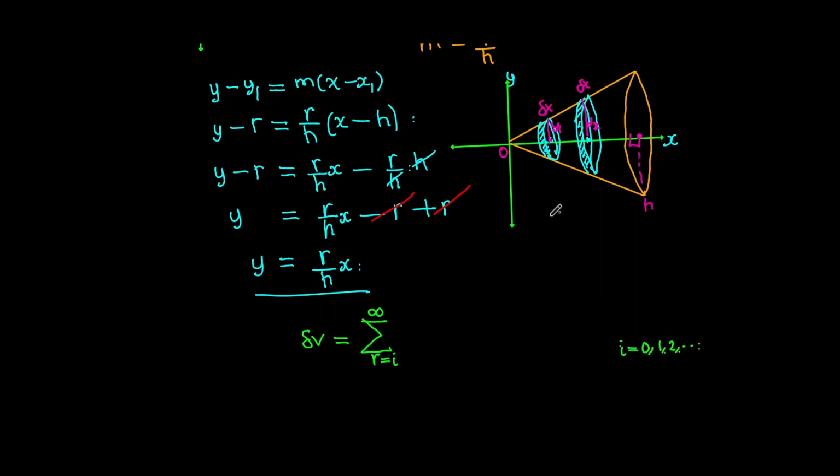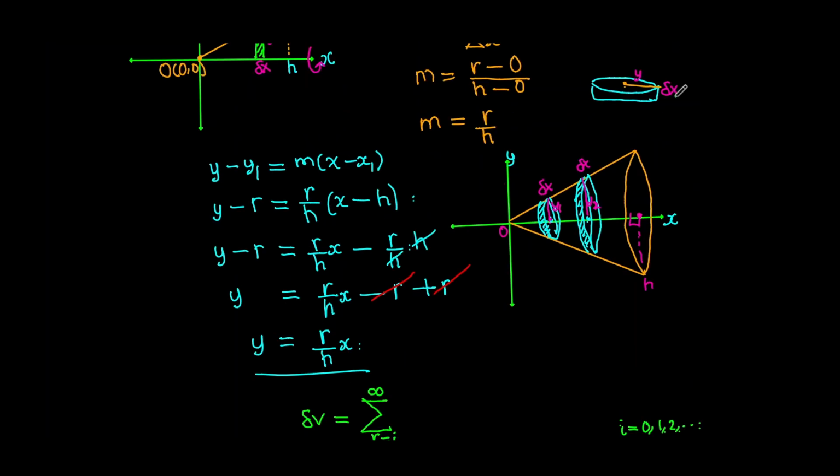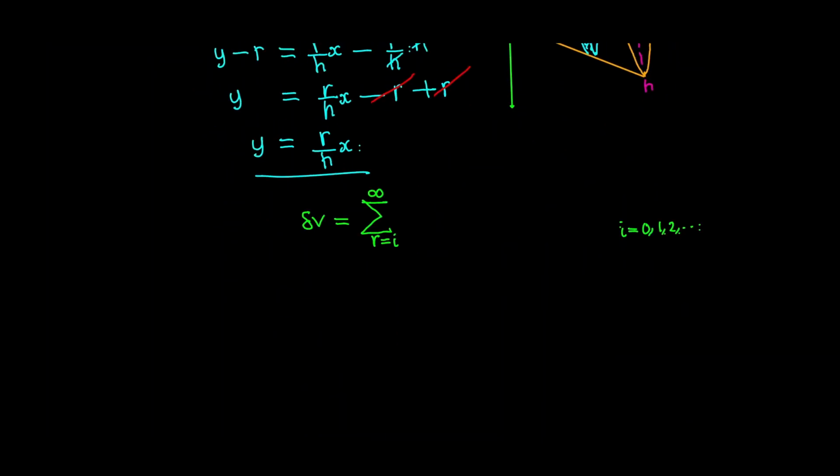Therefore, the volume of our small disc we have drawn here is the area of the top, or the base, multiplied by the height, and our height is delta x. We know it is a circular disc, so it is characterized by pi r squared h.